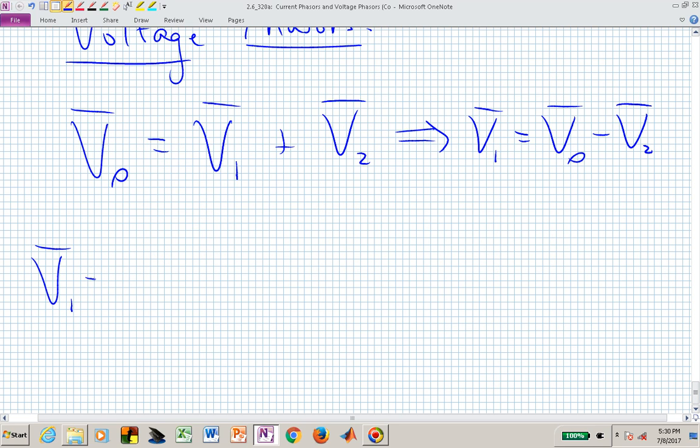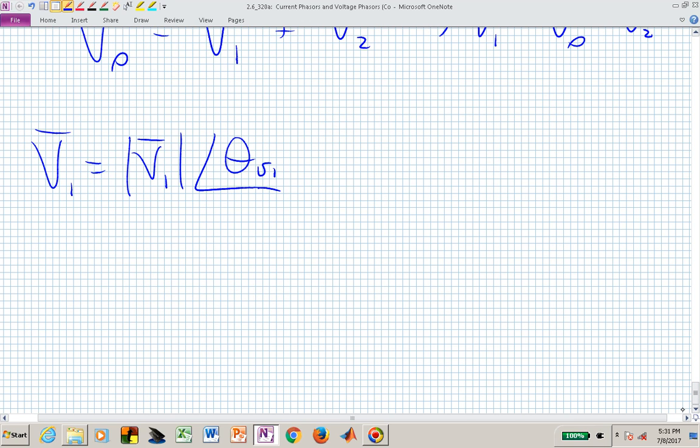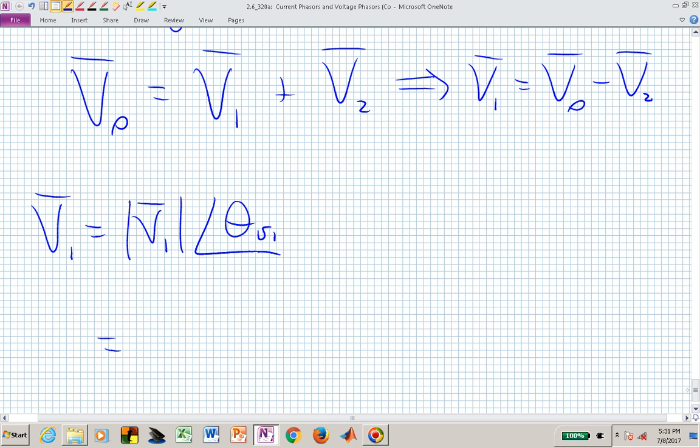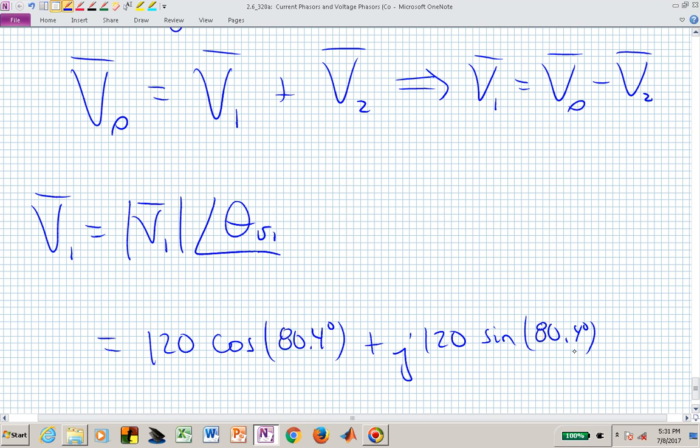And V sub 1 is the magnitude of V1 at an angle of theta V1, but that's now V sub S times cosine of its angle, which was 80.4, plus j V sub S magnitude sine of 80.4 degrees.